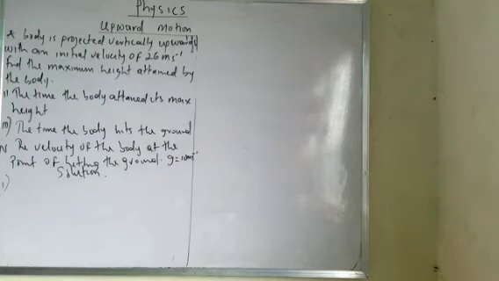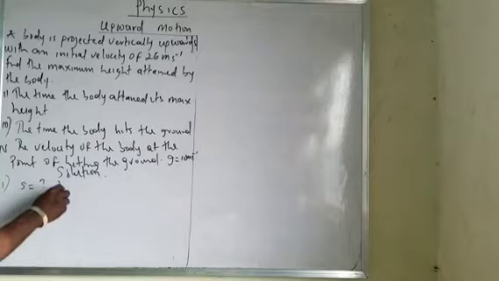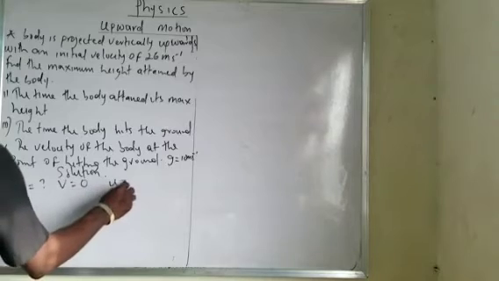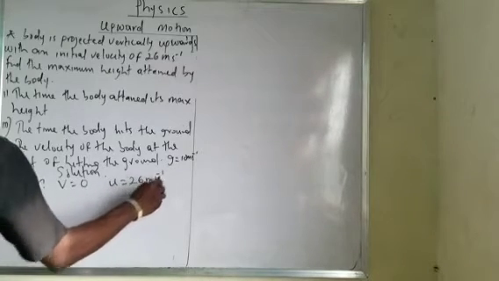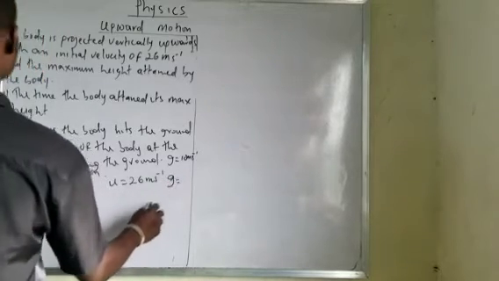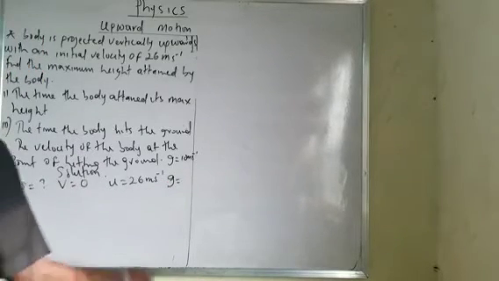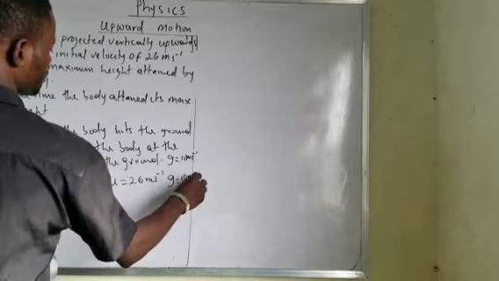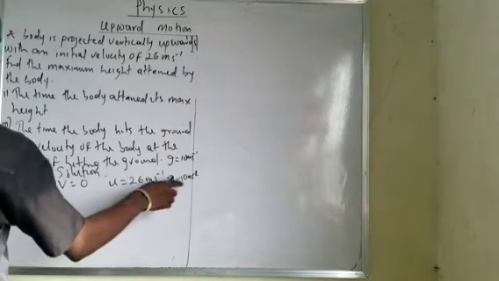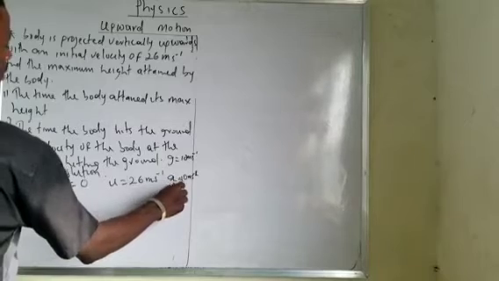Since I have it this way, I can say that my x is unknown, my v equals 0, and my u is 26 meters per second. My g equals 10 meters per second squared, minus 10 meters per second squared, since it acts vertically upward.